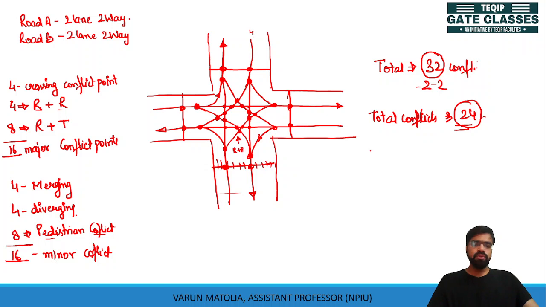If they ask you the number of major conflict points, you will say the major conflict points are total 16.